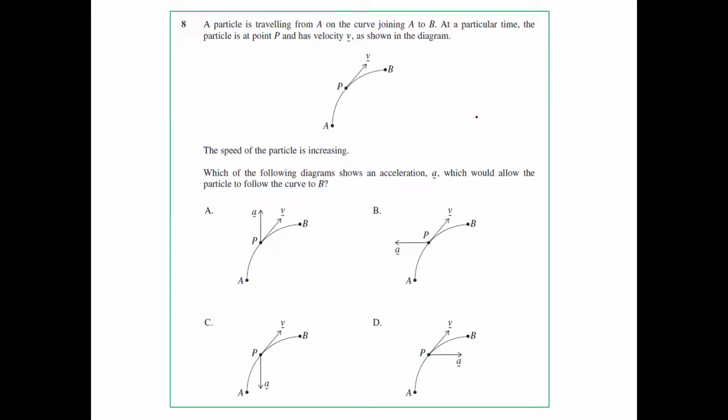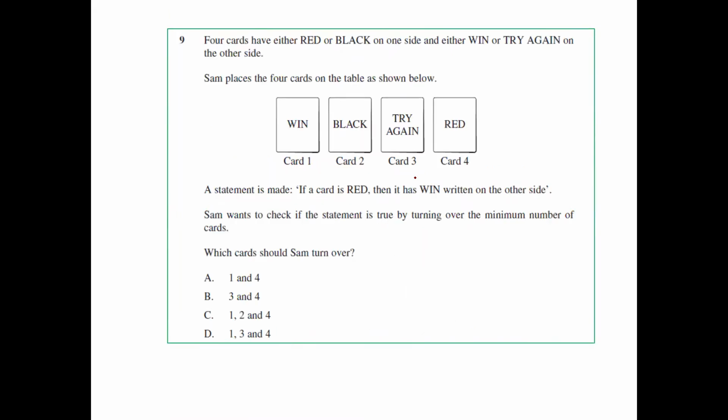Question 8. The speed of the particle is increasing. Which of the following diagrams shows an acceleration which would allow the particle to follow the curve to B? The most common response is D, then C, then A, and the least is B. And the correct answer is D. Question 9.